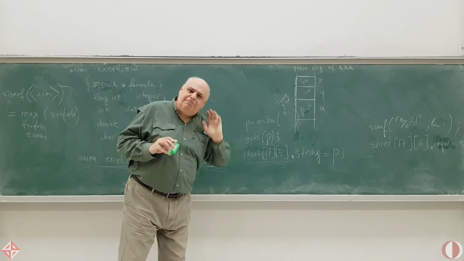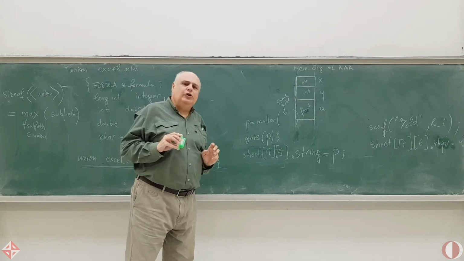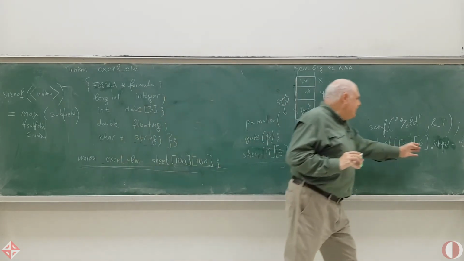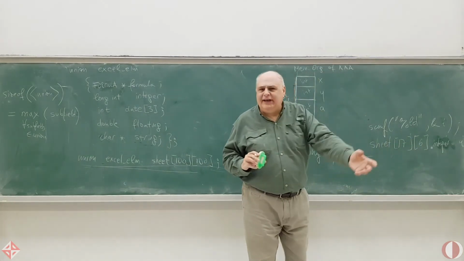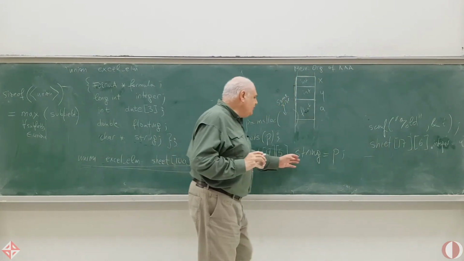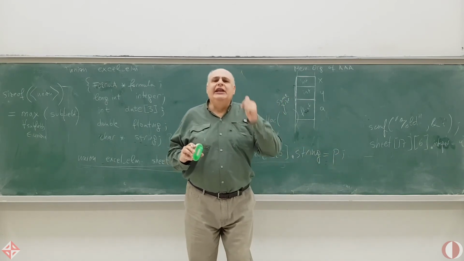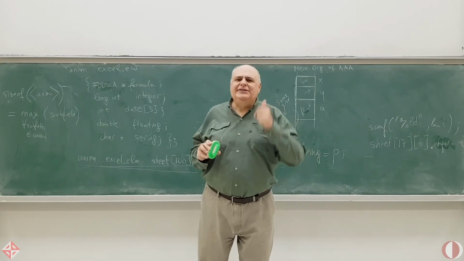It doesn't keep track of what you have used. Have you used the integer subfield to store it, or have you used a string or a pointer? Nobody is keeping track of it.